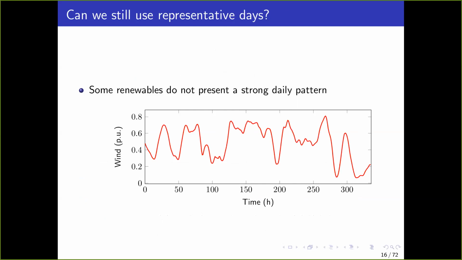So the bad thing about renewables, well, one of them, is that, for example, wind doesn't have a very strong daily pattern. So this is real wind production in Denmark for the first 2 weeks of 2016, I think. So it's not like electricity demand, right? Where we have these very strong patterns.